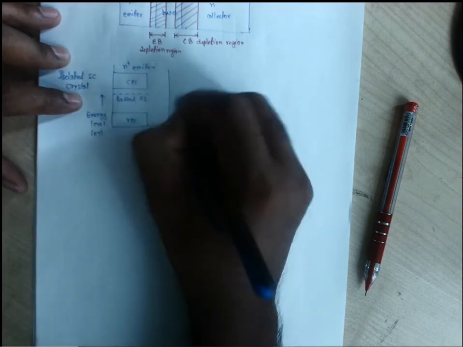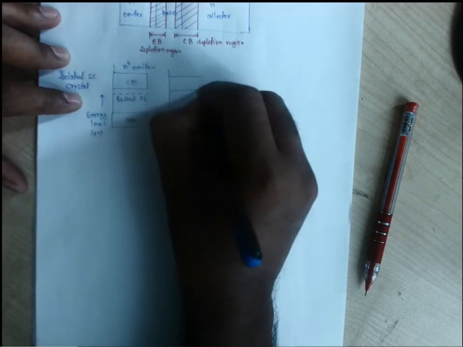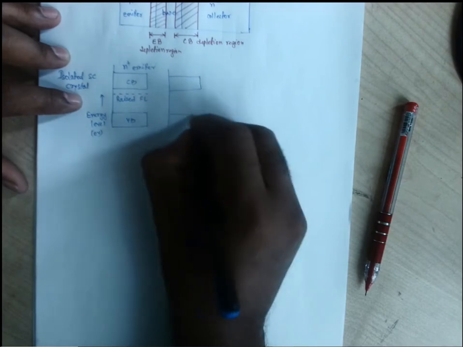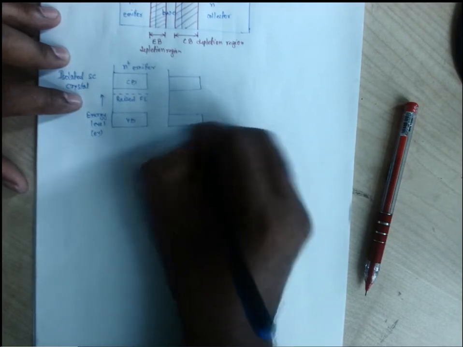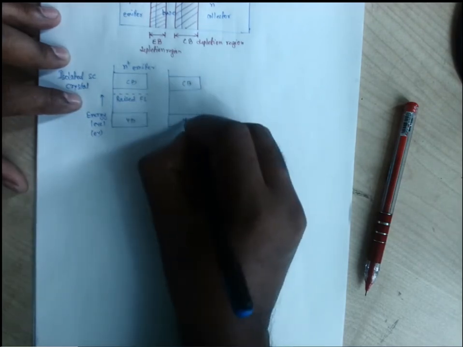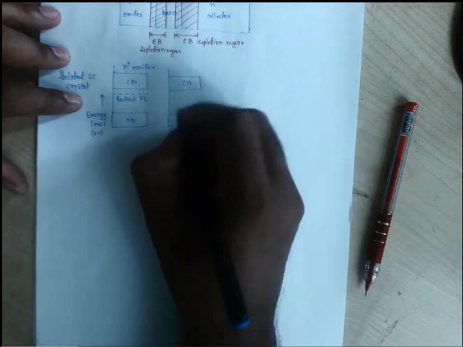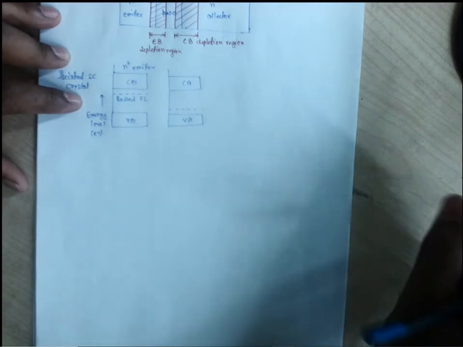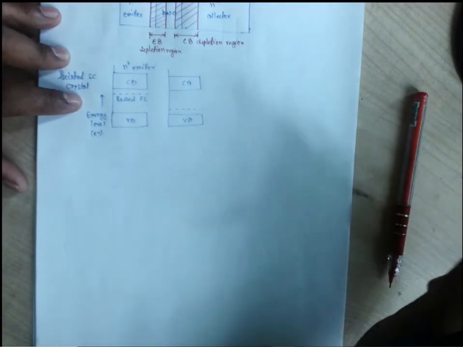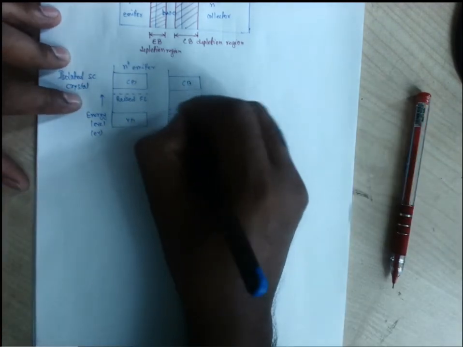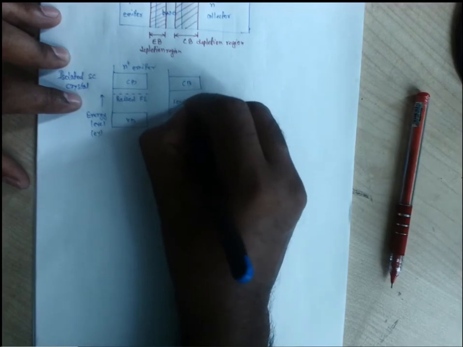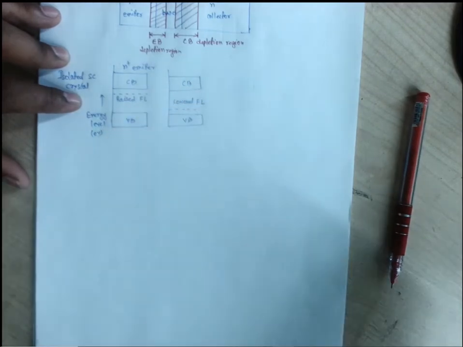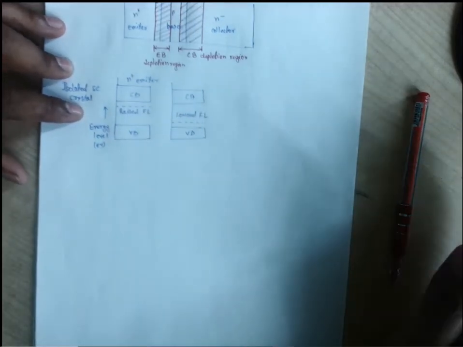Now for the base, this Fermi level will be near to the valence band, as it is P. So it is the lowered Fermi level.